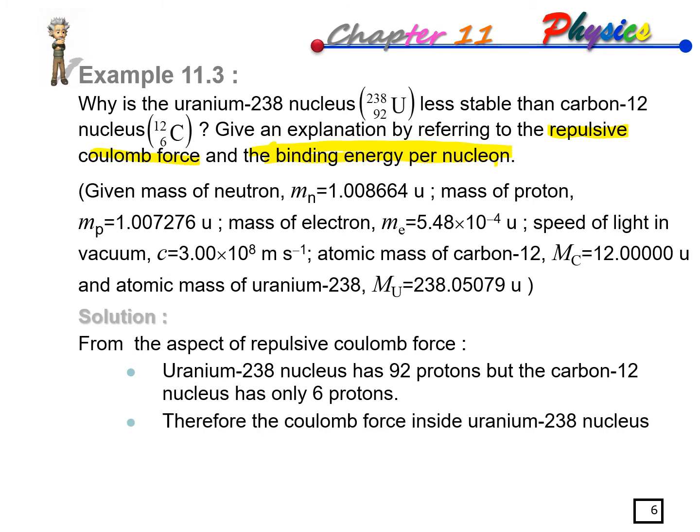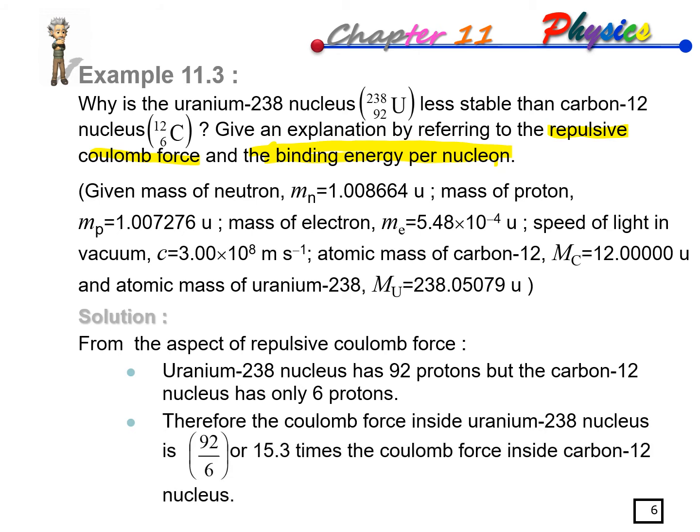Therefore the Coulomb force inside the uranium-238 nucleus will be 92 divided by 6, that means 15.3 times greater compared to carbon. So the Coulomb force inside is much higher compared to carbon, which makes the uranium less stable. So this is one factor, due to the repulsive force. So it becomes less stable.